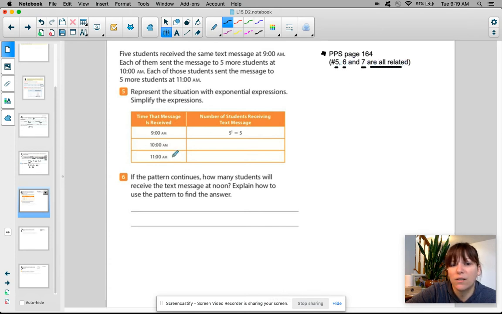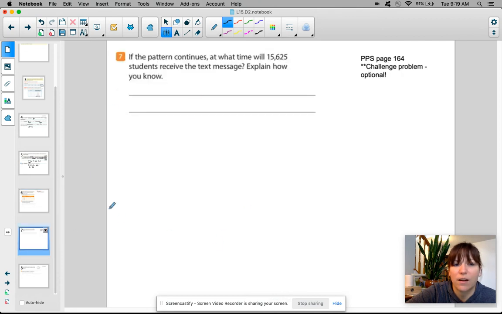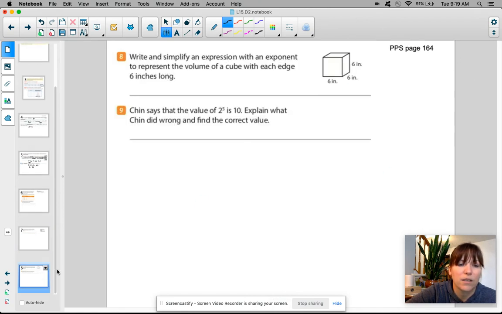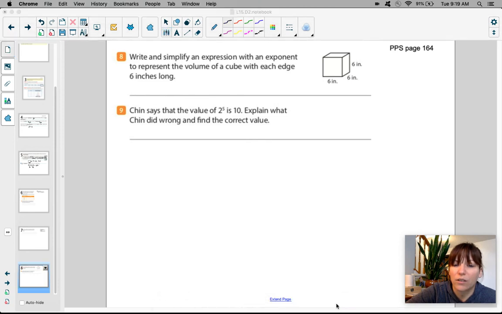They're all related, just so you know. I had to put number 7 on this next slide. This is a challenge problem, so if you're stuck, don't worry about it. We're going to go over it. And then you can try number 8 and 9. So I want you to try this on your own first, pause, and then resume to check your answers with mine.